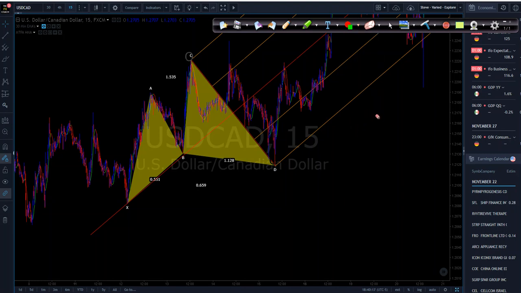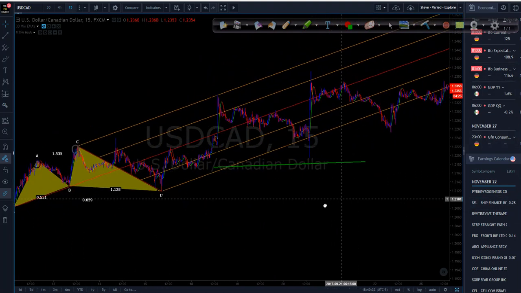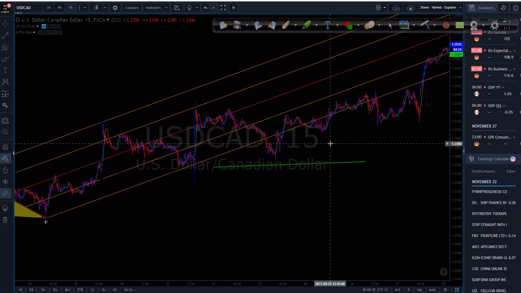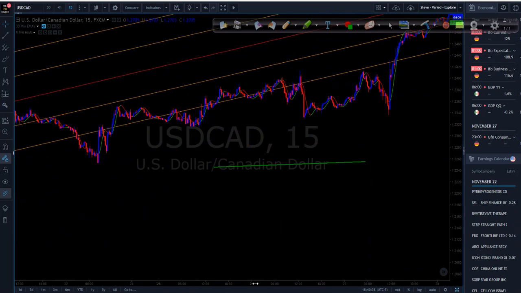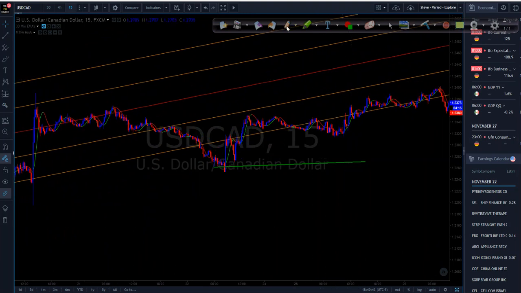So the question would be, if that D line was treated as a pitchfork line, would you be taking a trade on it here, or here, or here, or here?